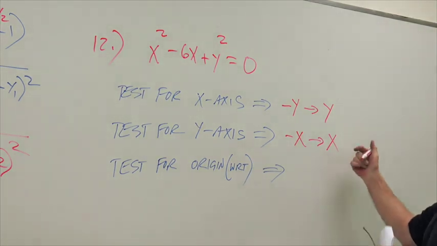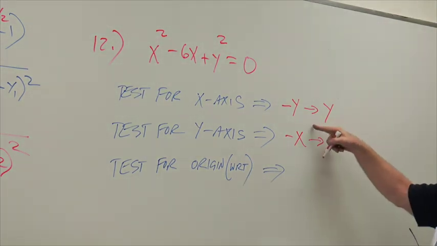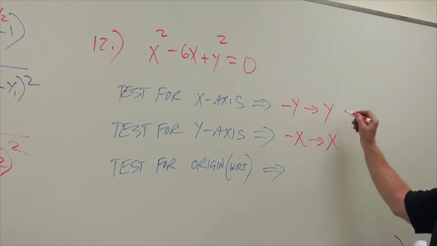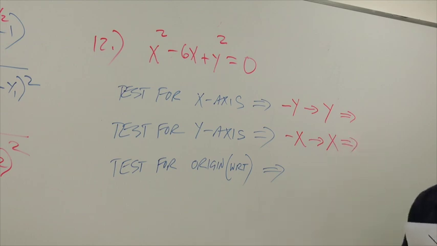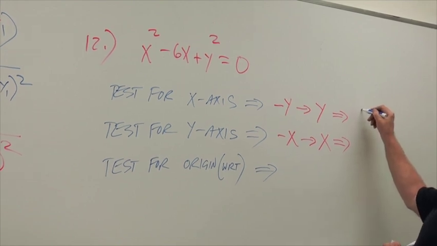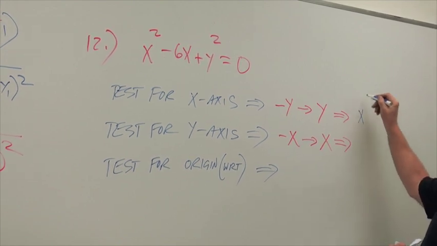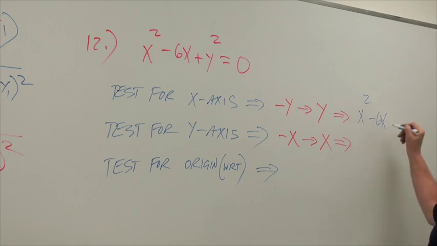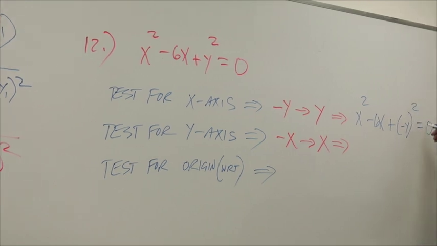Okay, so in this case, am I going too far? No, you're good. Good. Let's put negative y in, right? What happens if you put a negative y in the original, and then we're going to put a negative x in the original? What happens? Well, if you put a negative y in for y, you get x squared minus 6x plus negative y squared equals 0.